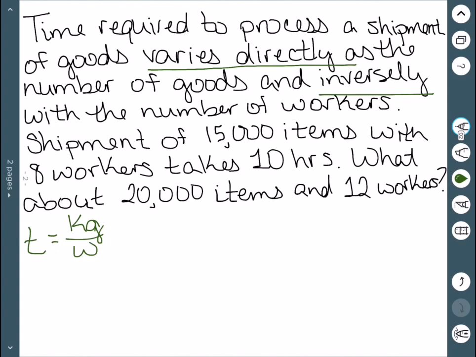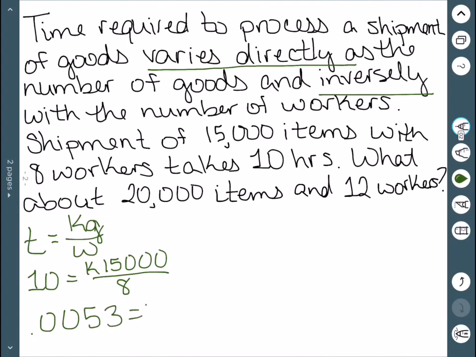So we have this combination of direct and inverse variation. We know that it takes 10 hours when G is 15,000 and W is 8. And if we work on solving this, we get 0.0053 is equal to K.